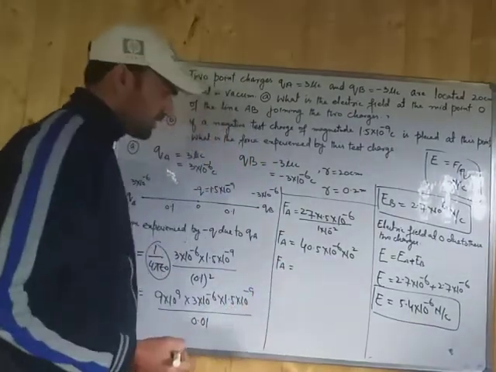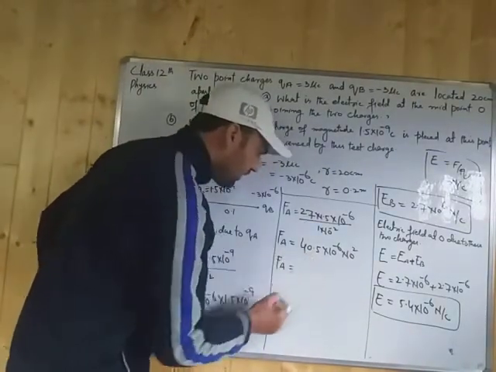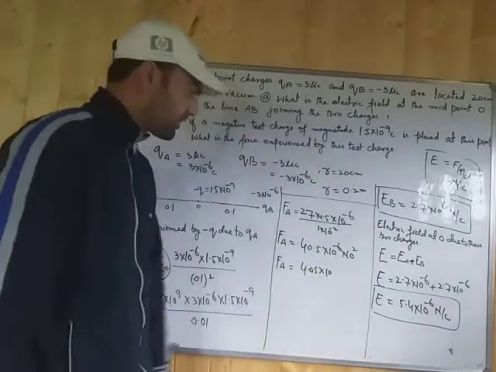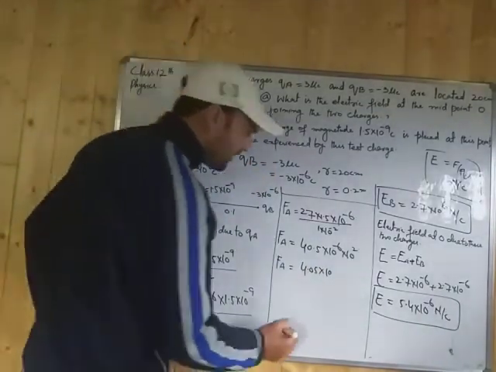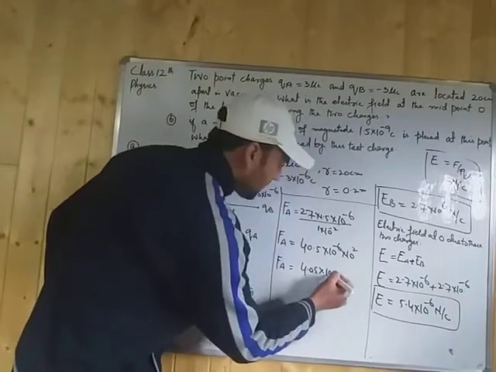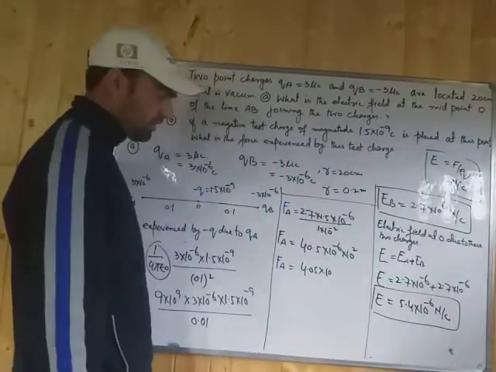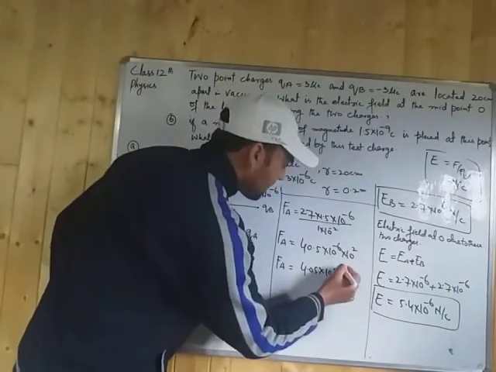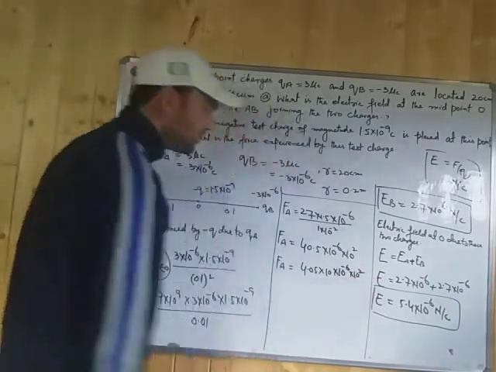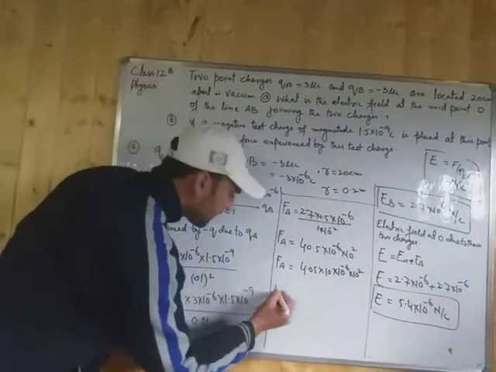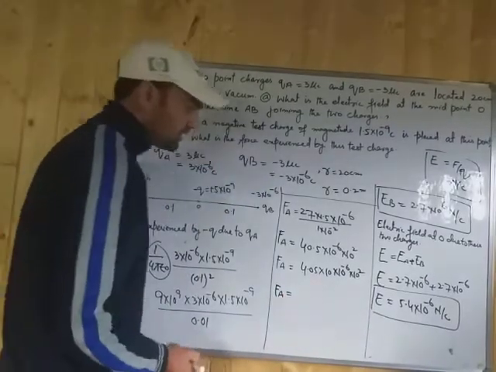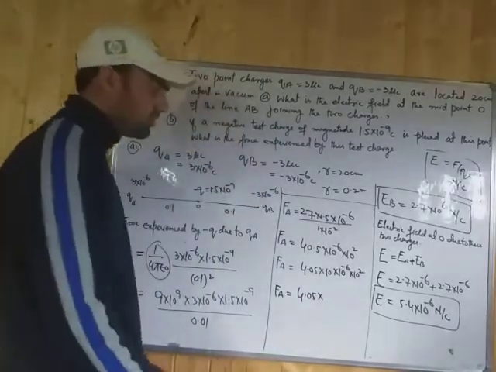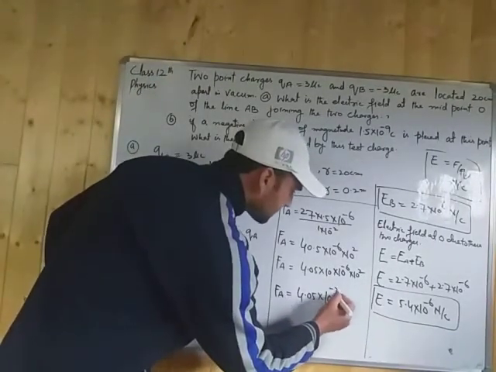Or we can write FA is equal to 4.05 into 10 raised to power minus 6 into 10 raised to power 2 into 10 raised to power 2, or we can write FA is equal to 4.05 into 10 raised to power minus 3.